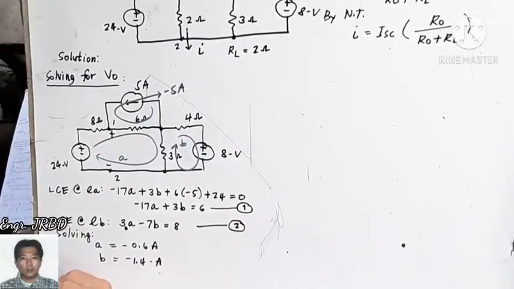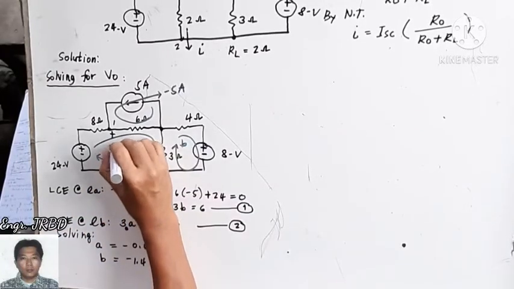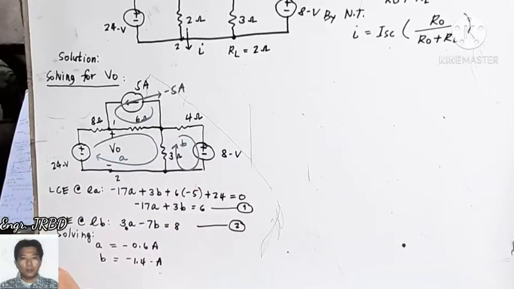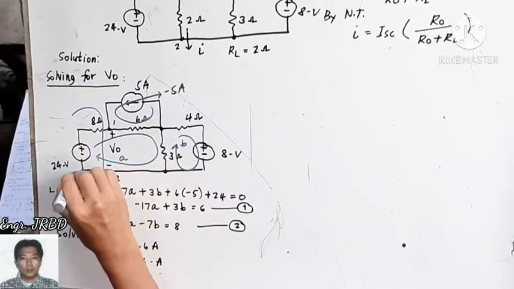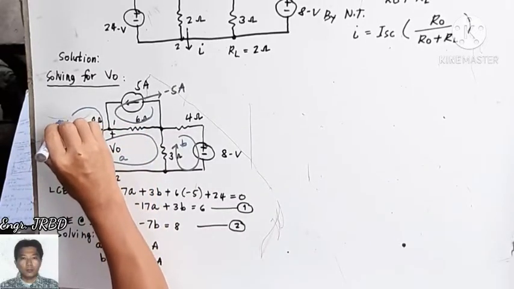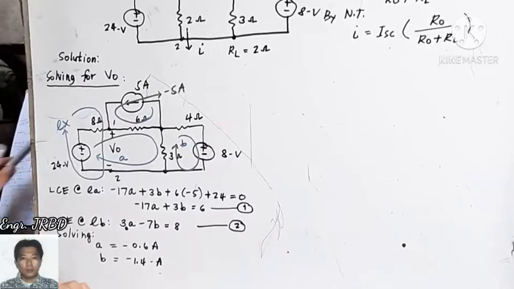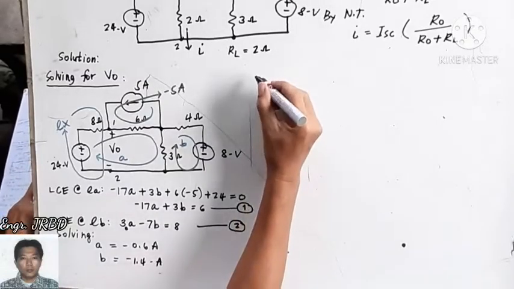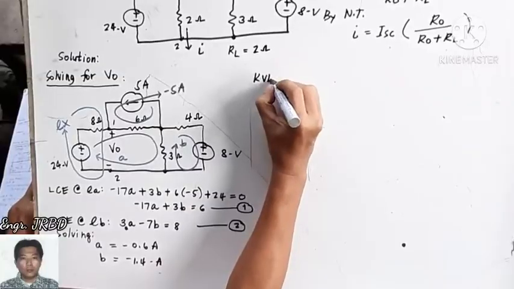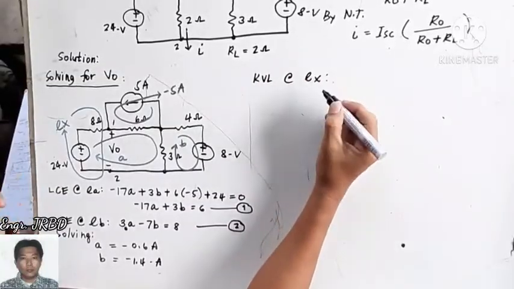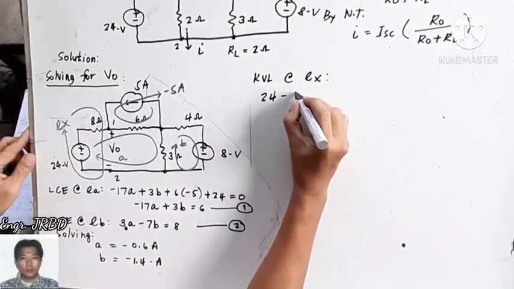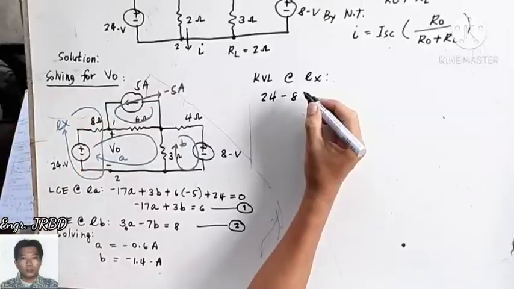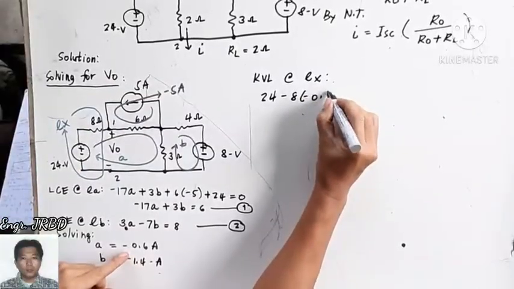How do we obtain now the open circuit voltage? Okay, your open circuit voltage is between points 1 and 2. That is easily obtained by applying your KVL following this closed path. Okay, KVL at loop X, you will now have from minus to plus, that is positive 24 minus 8 times A. The value of A is negative 0.6.